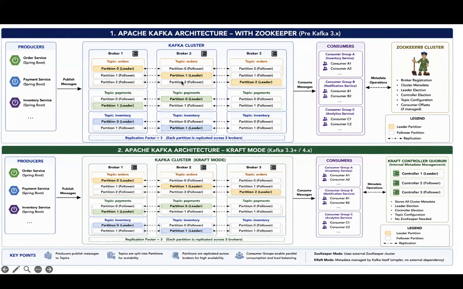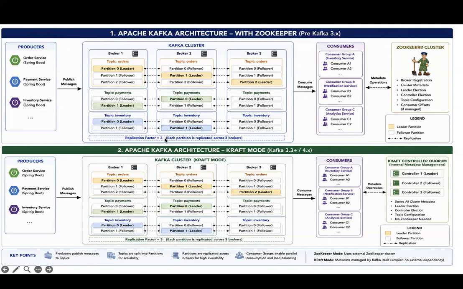So what does the cluster have? The cluster has brokers, and inside the broker we store all the messages under a topic. The topic will have several partitions. Among the partitions, one partition will be the leader and the others will be followers. We also have replication.